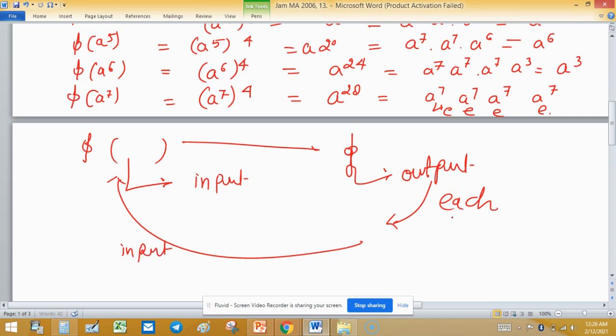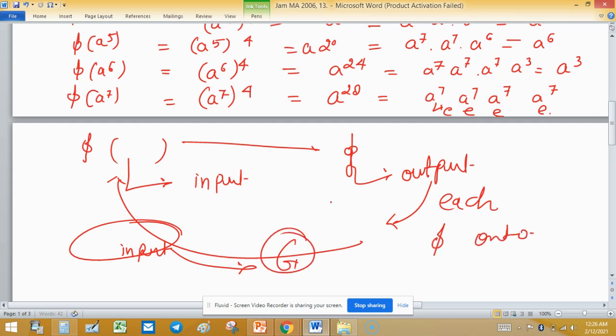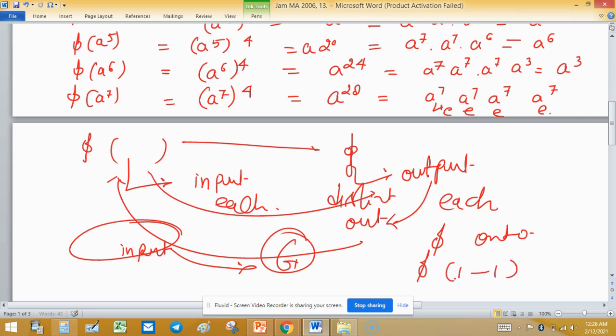For each output there exists an input, and these inputs are coming from G, group G. So phi is onto, and clearly for each input there is a distinct output. So phi is also 1-1.